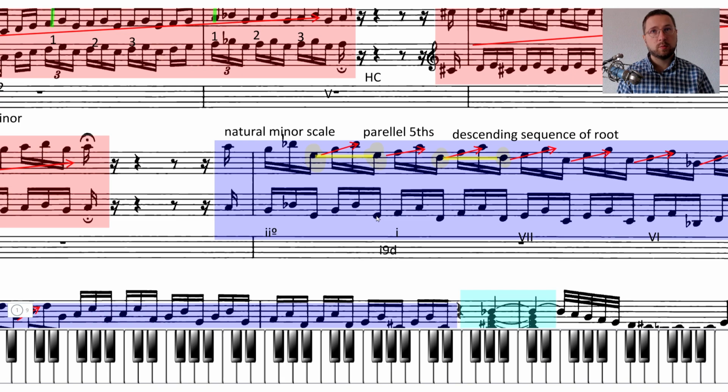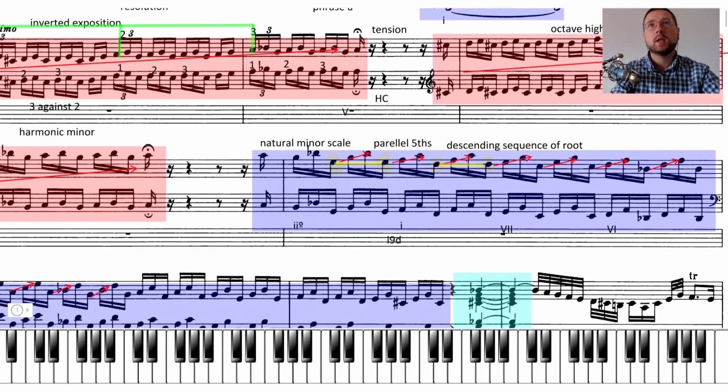The parallel fifths problem was that E minor would go to D minor, but the moment we do this, we're not having the parallel fifths, we're having a fourth. And then that resolves to the fifth. So that's the true sequence happening there, right?